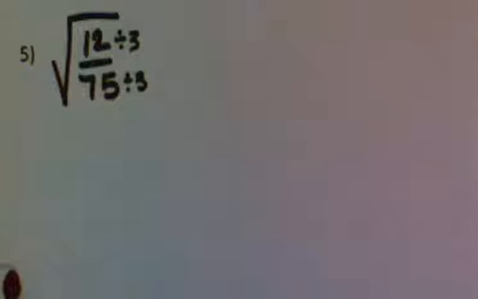This time, we don't necessarily want to split our radical right away because 12 and 75 are not perfect squares. However, we can reduce these. So underneath the radical sign, we can divide both 12 and 75 by 3. So we can simplify that fraction.